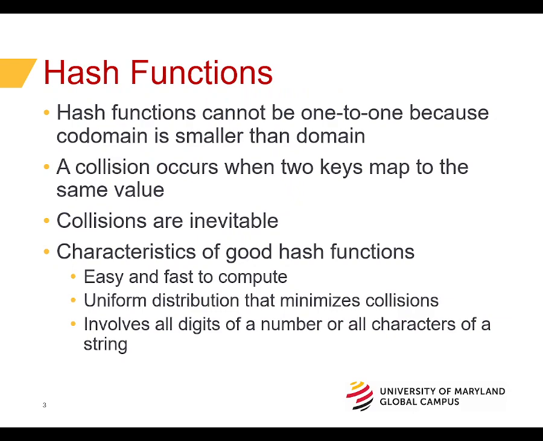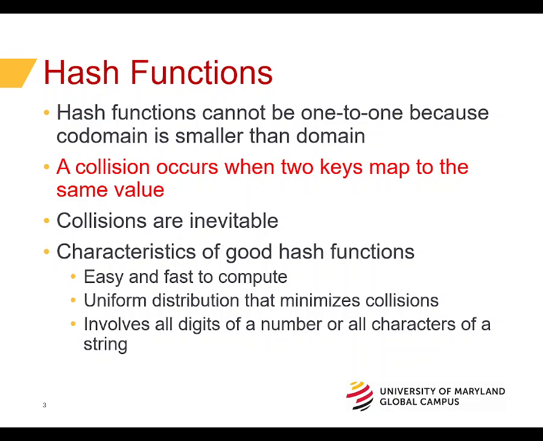The idea of using only the last 2 or 3 digits is a simplistic hash function. The primary goal of a hash function is to reduce the necessary array size. As a result, hash functions cannot be one-to-one functions because the codomain is smaller than the domain. Because they are not one-to-one, it must be the case that several values in the domain map to the same value in the codomain.